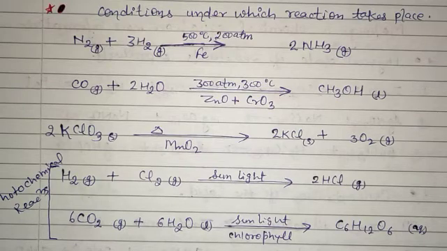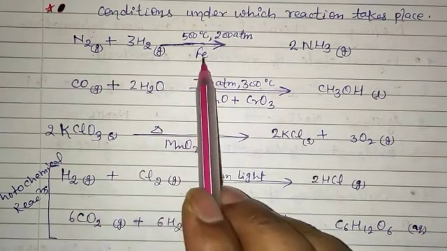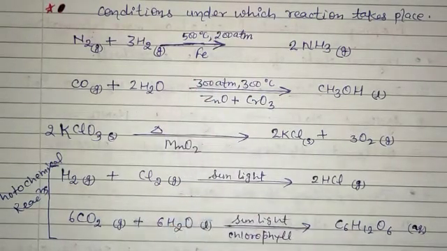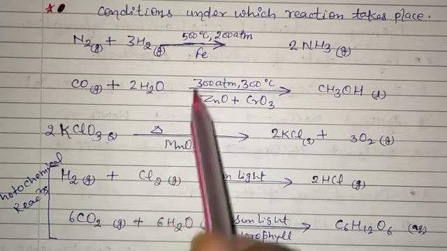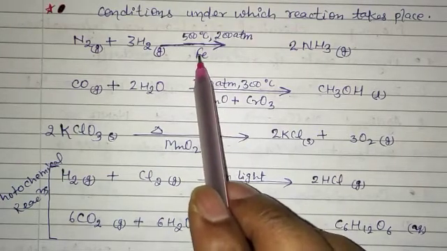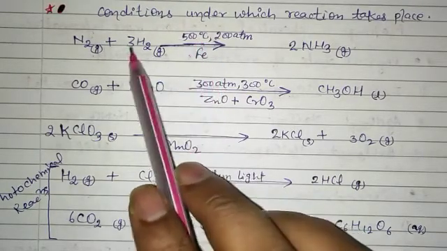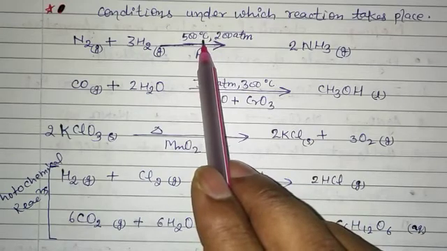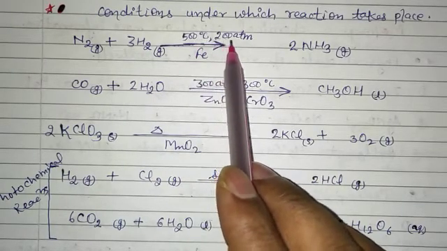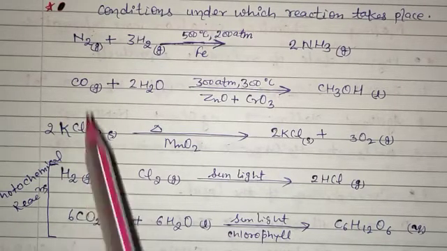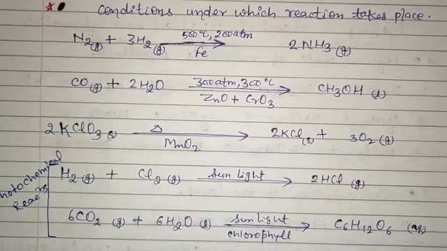To make the reaction easy, we use iron as a catalyst. A catalyst is a substance that enhances the rate, the speed, of the reaction. We write the catalyst just above or below the arrow, along with the temperature at which the reaction takes place, that is 500 degrees Celsius, and the pressure, that is 200 atmospheres. These are the conditions which make the reaction of nitrogen and hydrogen easy.